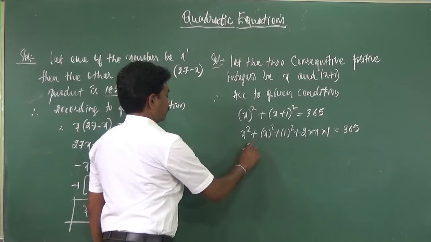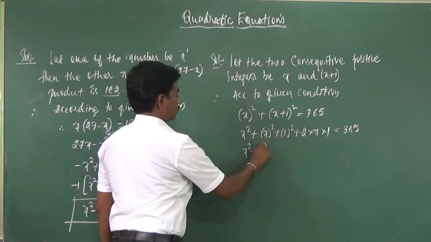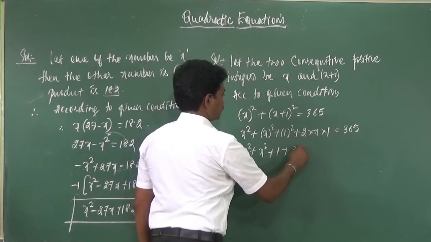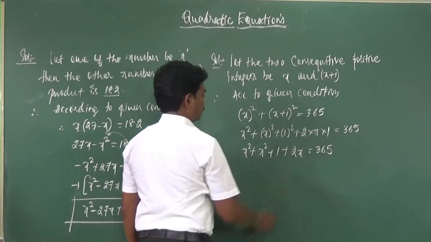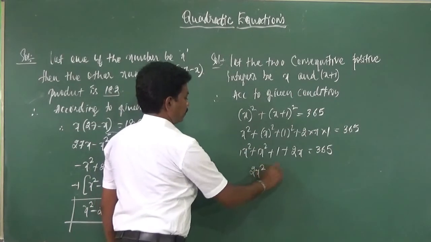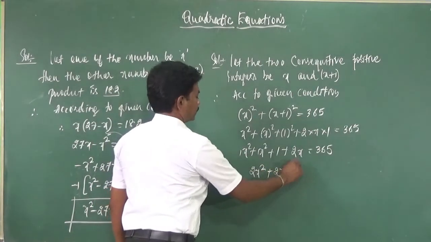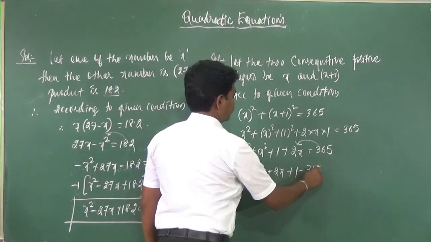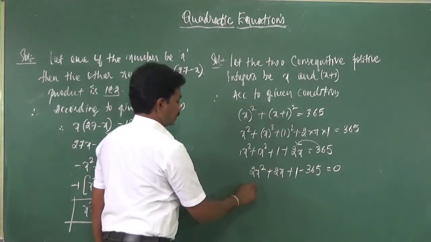So x square plus 1 plus 2x, is equal to 365. Okay, x square plus x square is 2x square, plus 2x plus 1, and 365 gets transposed, minus 365 is equal to 0.